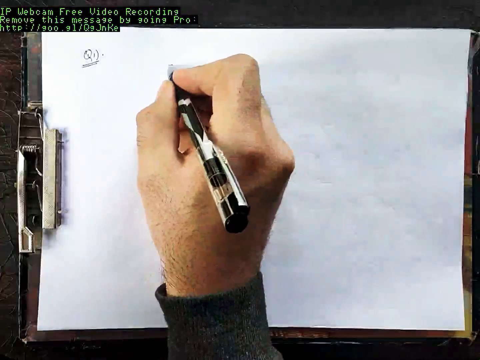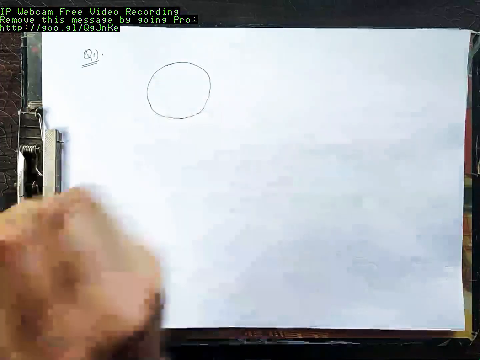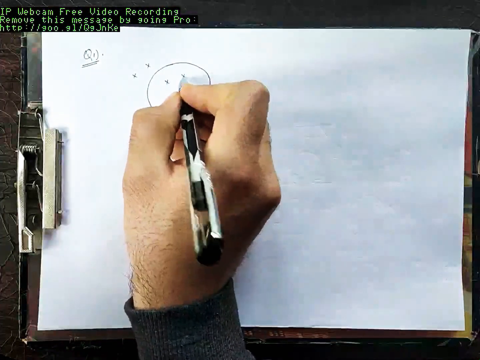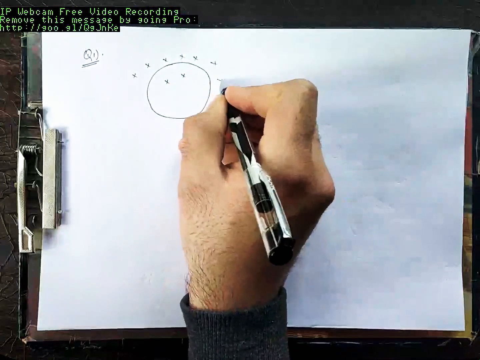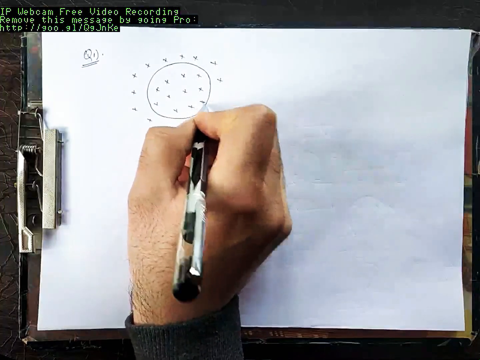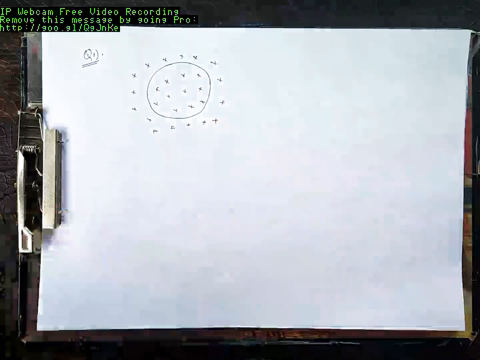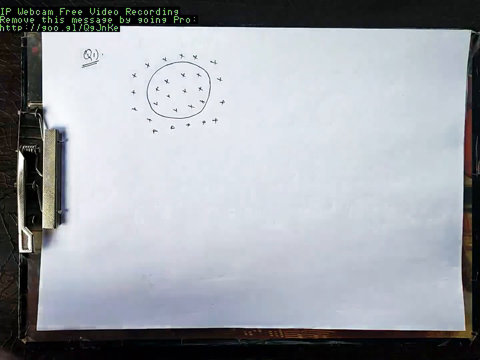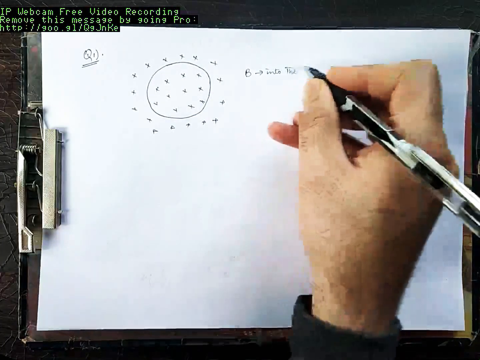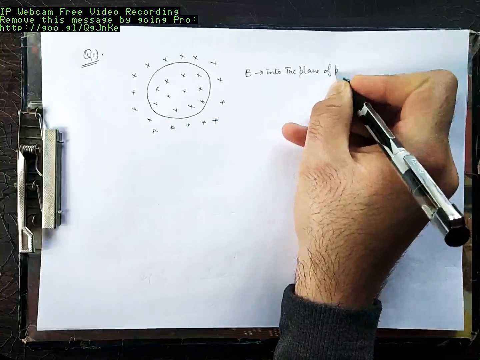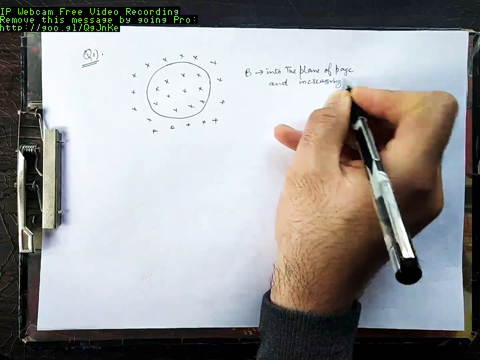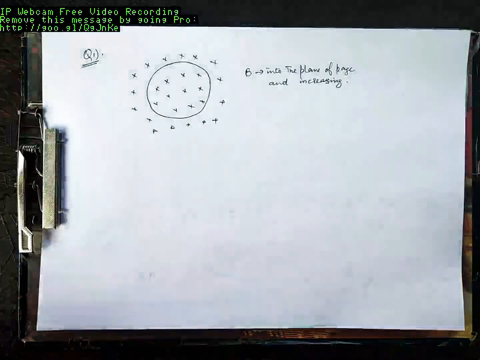It's given that we have a closed loop in a magnetic field, where the magnetic field B is into the plane of the page and increasing.